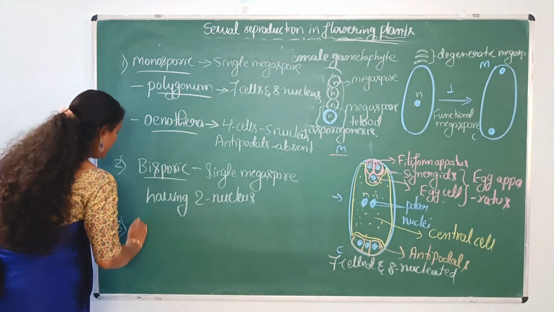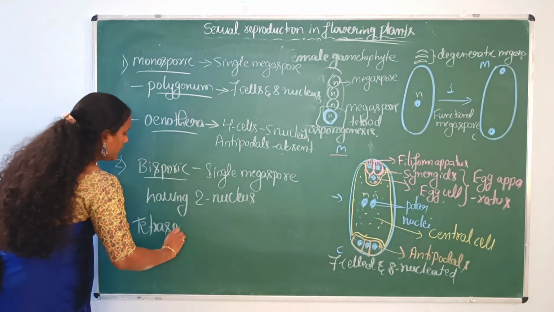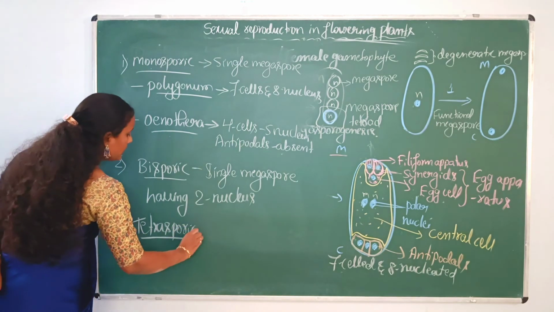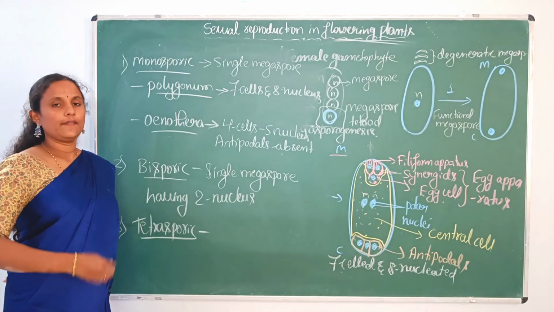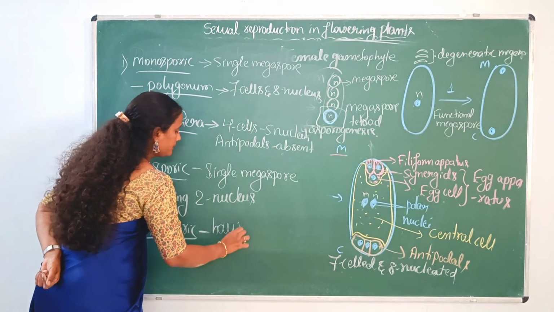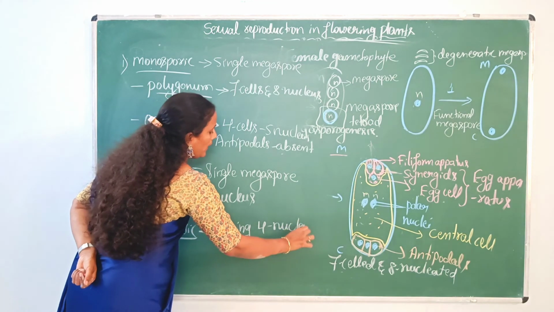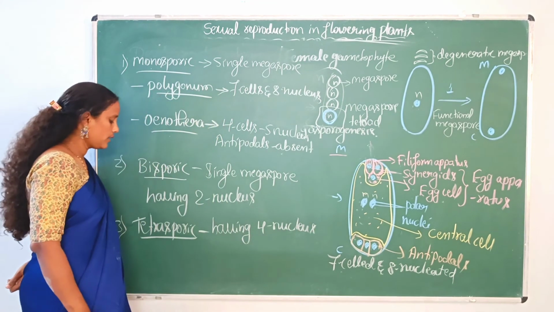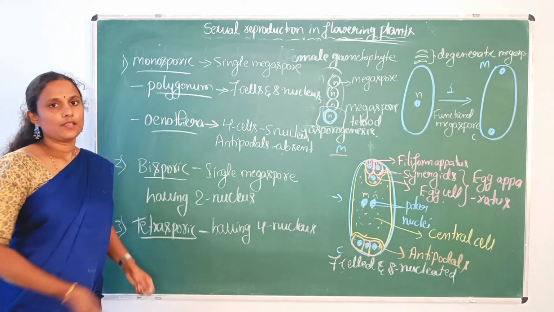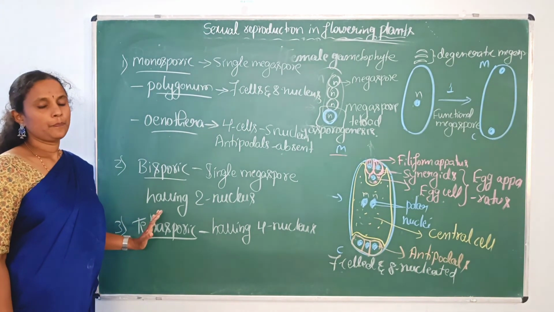Likewise, tetrasporic is developed from a single megaspore having 4 nuclei, 4 haploid nuclei. So that is called tetrasporic. So these are the 3 types of embryo sacs.